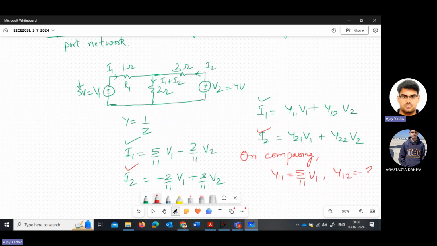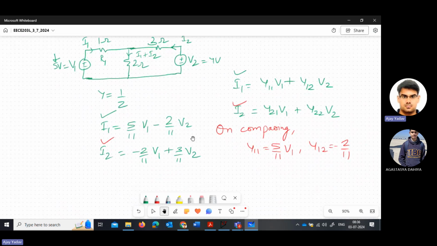Y12 is minus 2 by 11. I'm not going into how we solve this because already we have covered this topic in module 1. So that part you can do by yourself. In the same manner here, Y21 is minus 2 by 11 and Y22 is 3 by 11. So in this manner, we can calculate this.